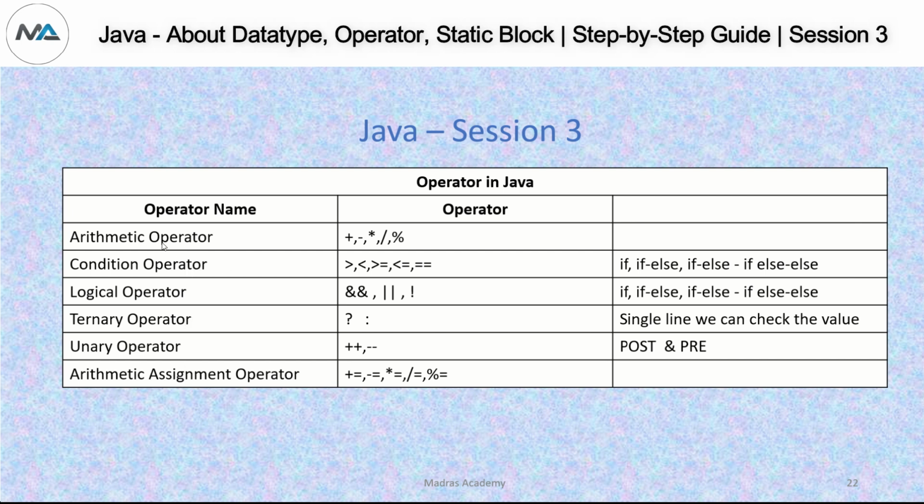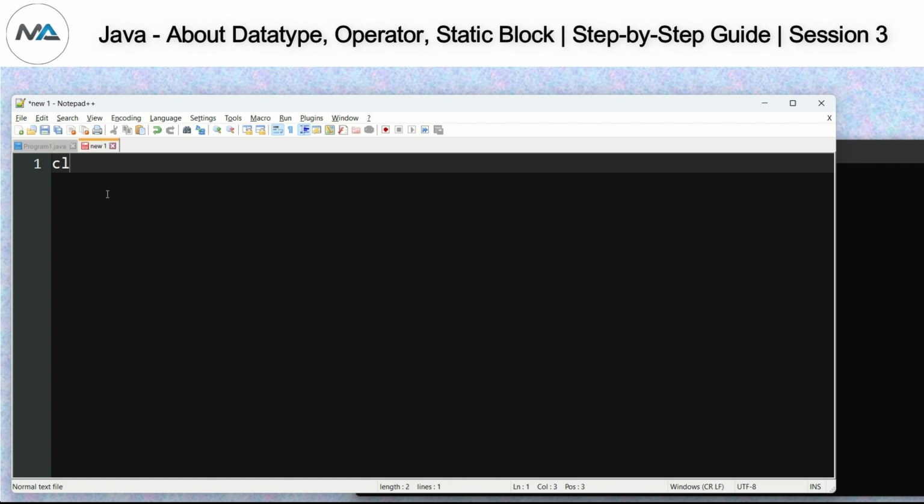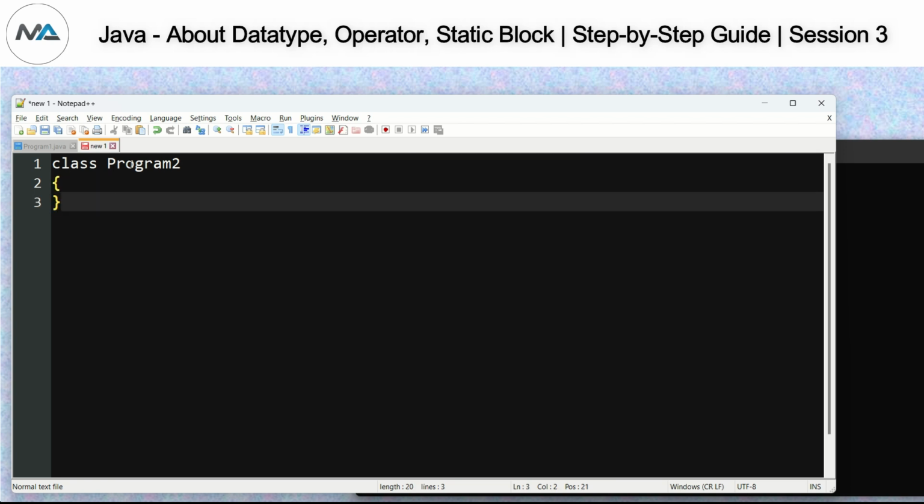In that, now we will see the arithmetic operator, and using this operator how to calculate the value. For that, I'm going to create one more separate class and main function. We'll open a new notepad. We'll create a class Program2. First we'll save this.